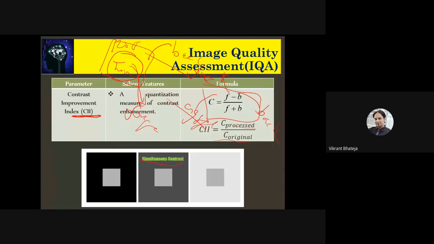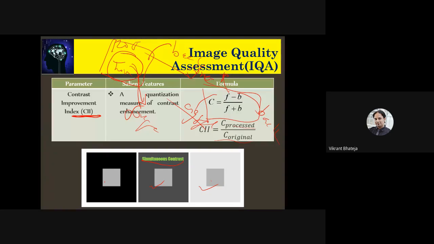Simultaneous contrast is a simple thing: if you are trying to visualize this particular small square in this white background, it is not good in contrast. But if you see the same square in a suppressed background, it appears very good in contrast. So it is this concept of simultaneous contrast which has been used over here when you are calculating the contrast improvement index.